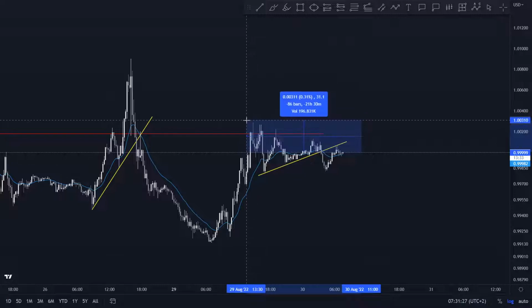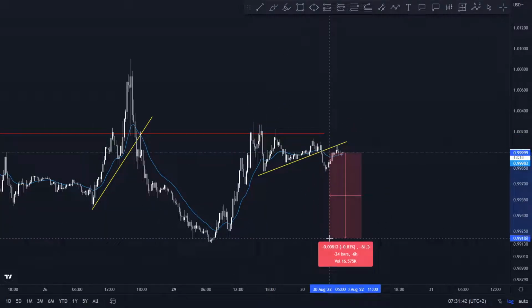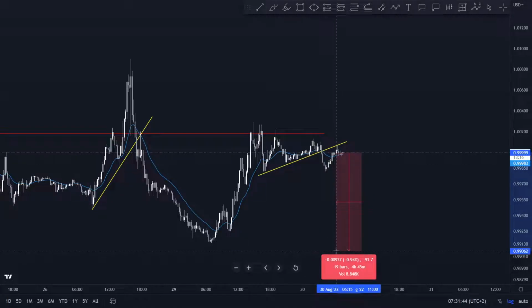If I have my stop up here, it's going to be 30 pips, 31 pips stop, very wide. So I don't like the structure of the trade, because for me to make 3 to 1, the market needs to run 90 pips, come down here.